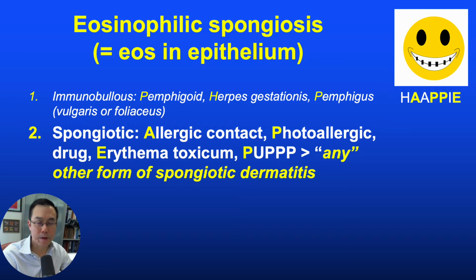I suspect that probably any form of spongiotic dermatitis could conceivably contain an intraepidermal eosinophil or two, but when one sees eosinophilic spongiosis, one typically thinks of allergic contact or photoallergic drug reactions, as well as pregnancy-associated hypersensitivity and the almost never biopsied erythema toxicum of newborns.